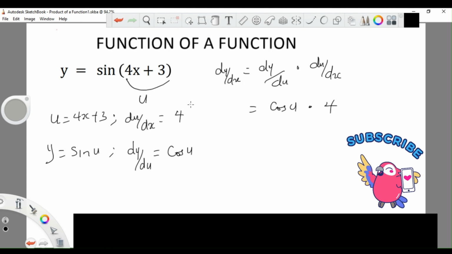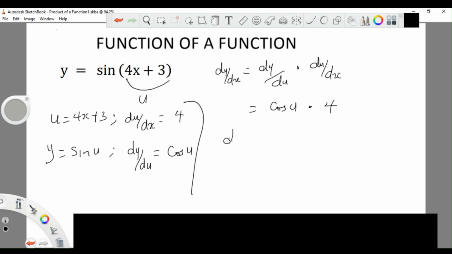So therefore, dy/dx equal to what? Cos u times 4 is 4 cos u. And remember, u is equal to 4x + 3. So therefore, we have 4 cos(4x + 3). This is our final answer.